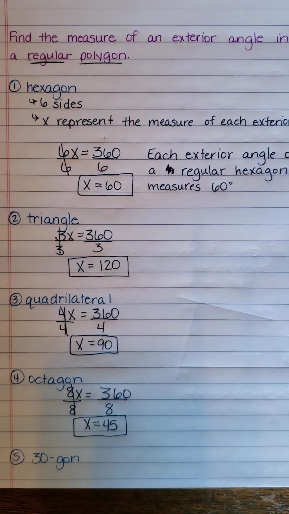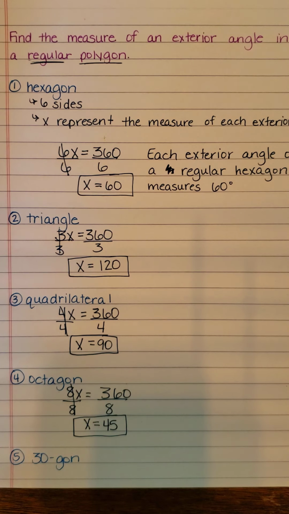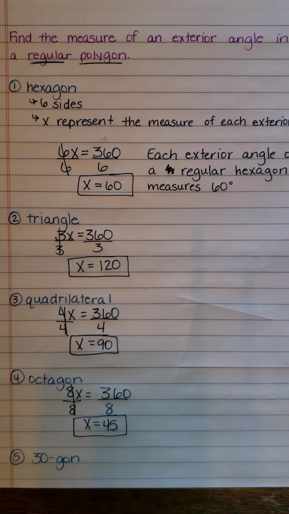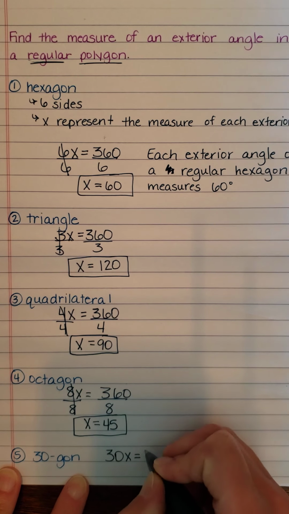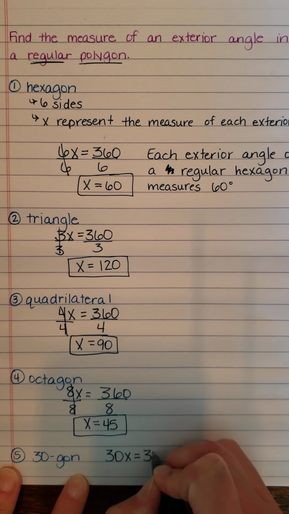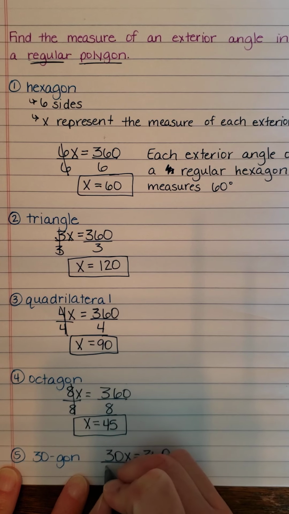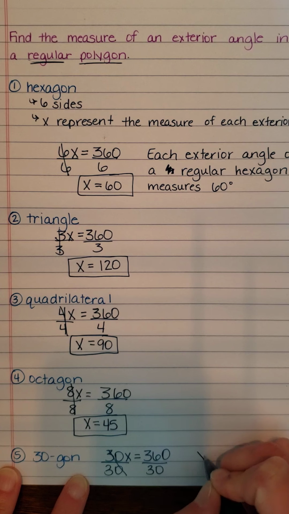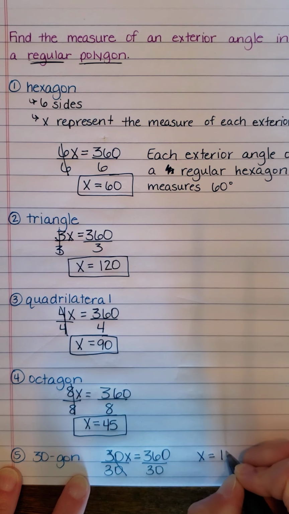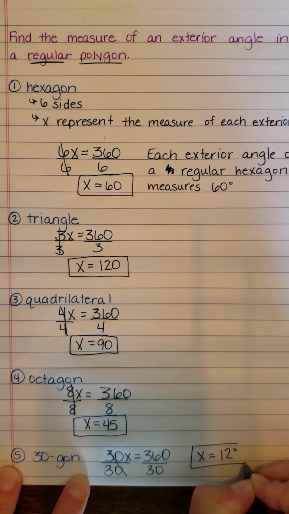All right, and for your last example, I have a 30-gon. So this would be a shape that has 30 sides. So that's going to be 30 times x is equal to 360. Divide each side by 30. And x is going to be equal to 12 degrees.